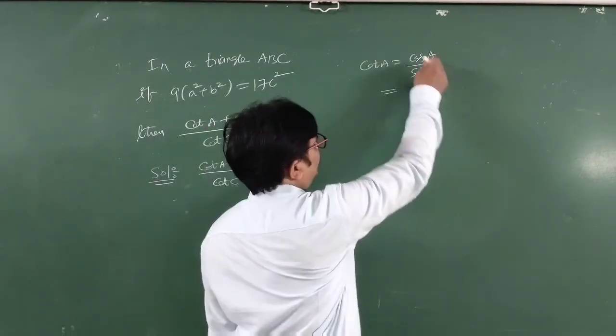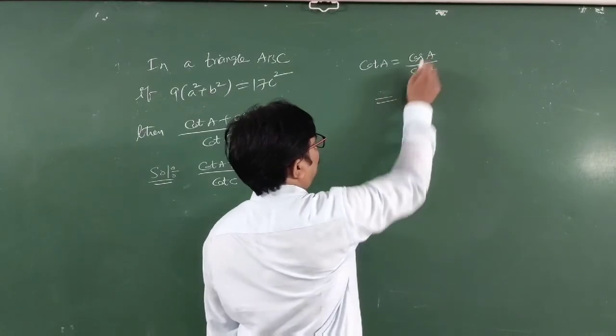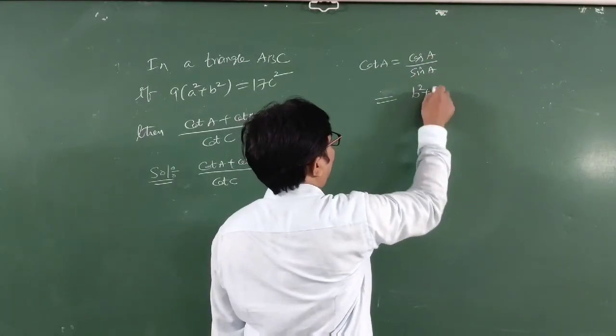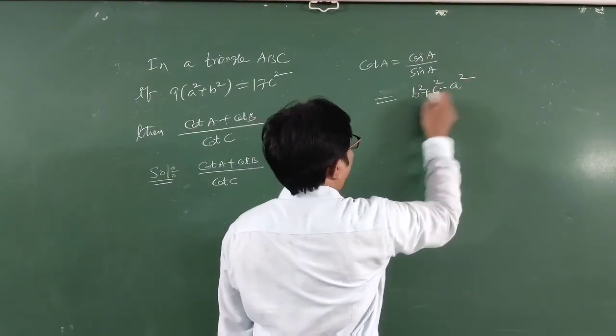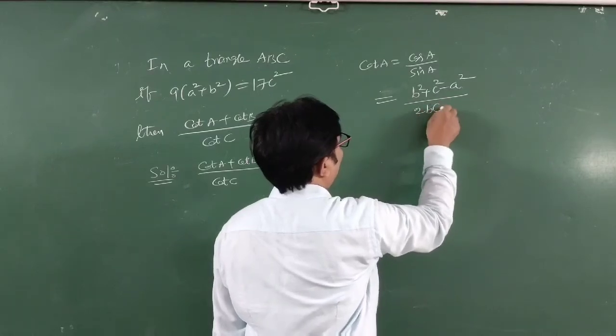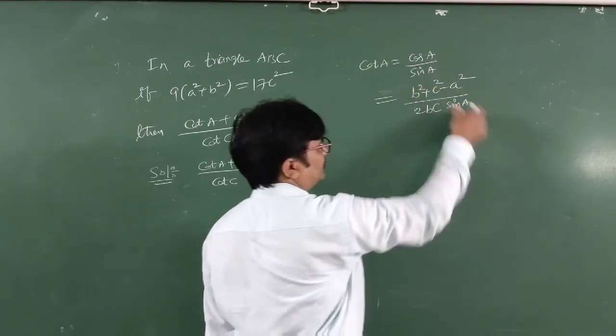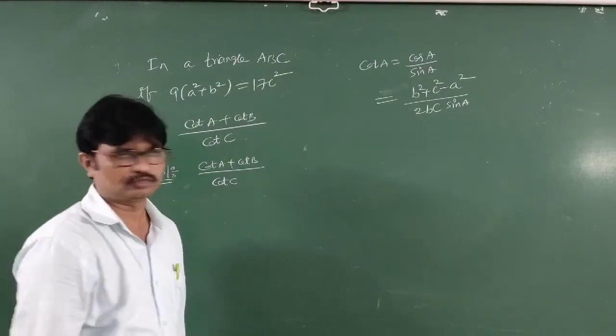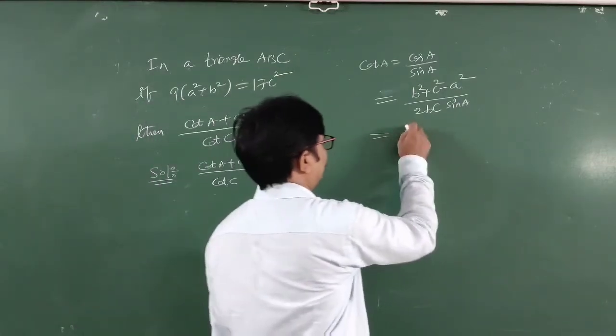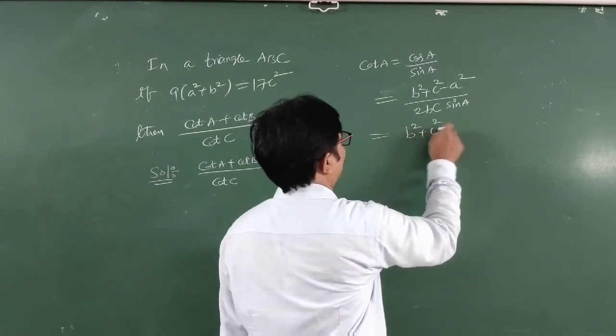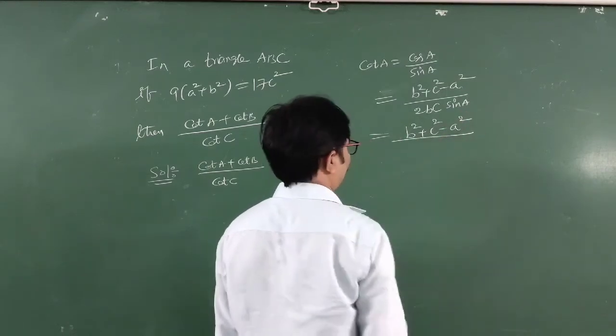Everybody knows from the cosine rule, cos A is b square plus c square minus a square by 2bc, divided by sin A. That is 2bc into sin A. This is b square plus c square minus a square.